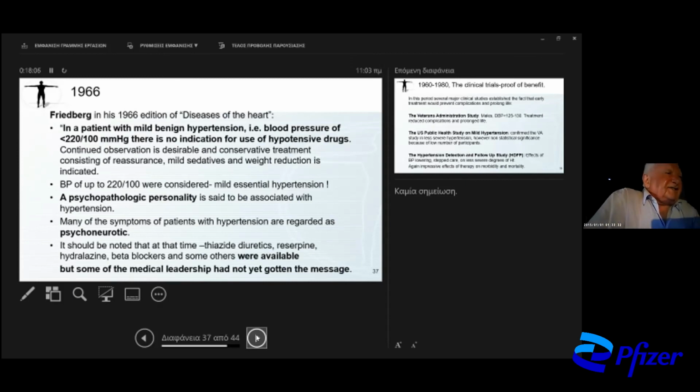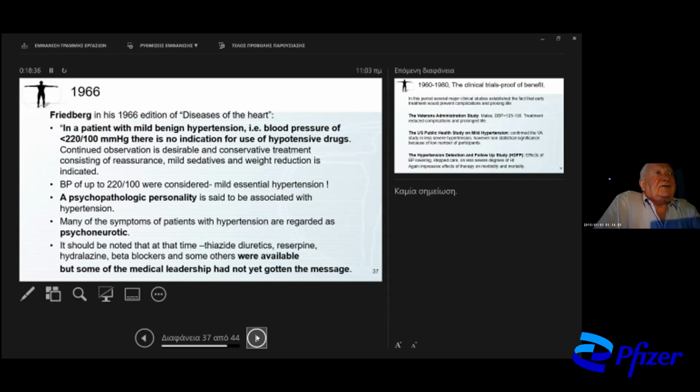In 1966, Friedberg, in his edition of Diseases of the Heart, wrote: in a patient with mild benign hypertension, meaning blood pressure below 220 over 100, there is no indication for use of antihypertensive drugs. Very impressive statement. Blood pressures up to this level were considered mild essential hypertension.